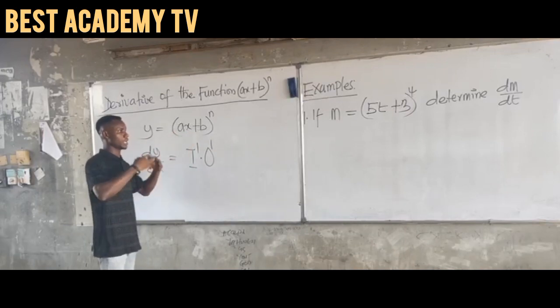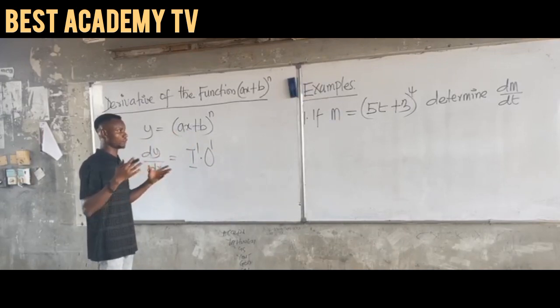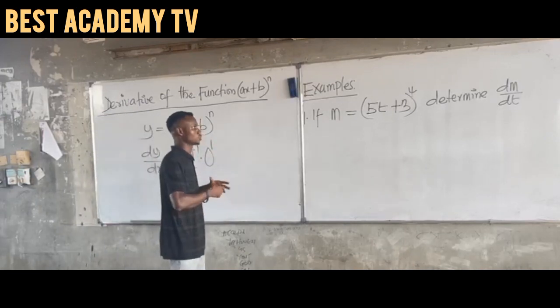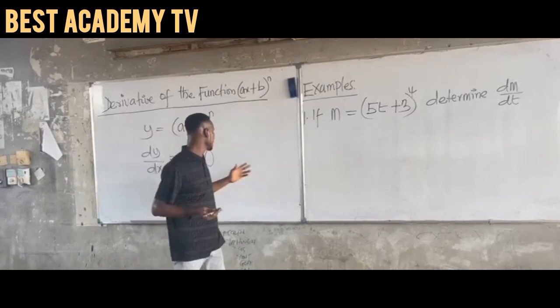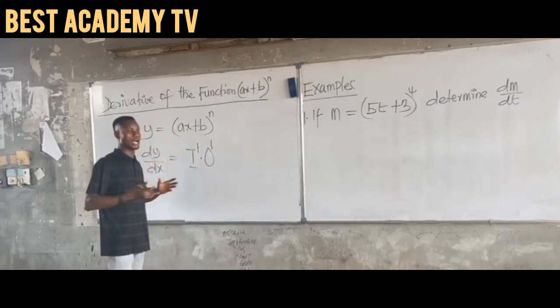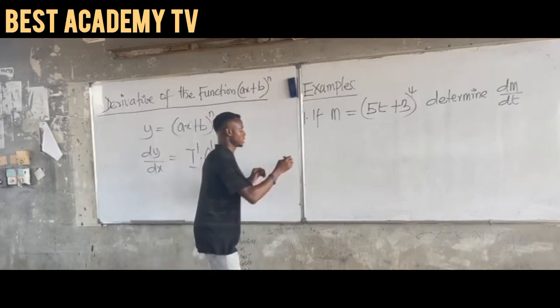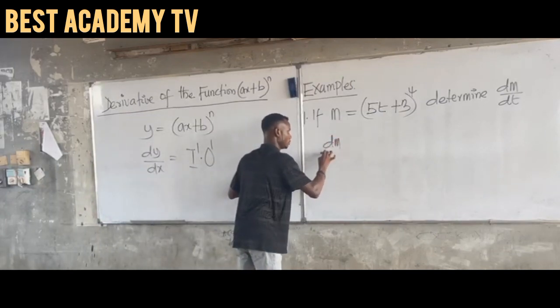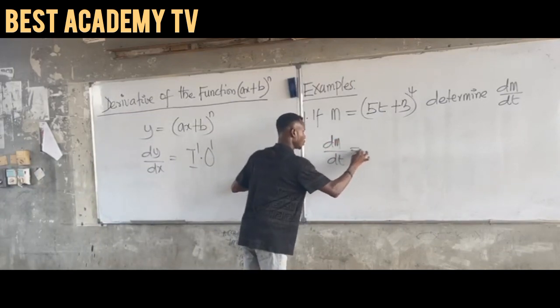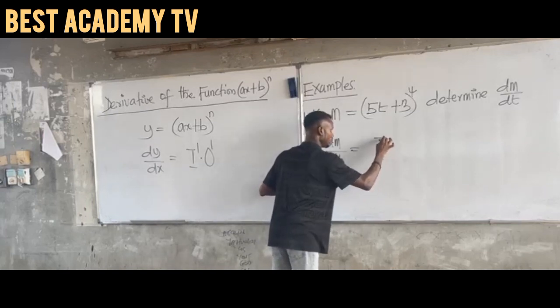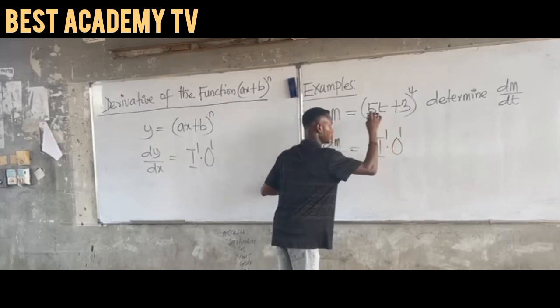Whenever a function looks like this, to differentiate it we use the inner derivative times the outer derivative. So dn/dt is equal to the inner derivative times the outer derivative.